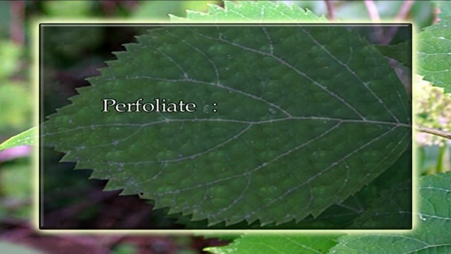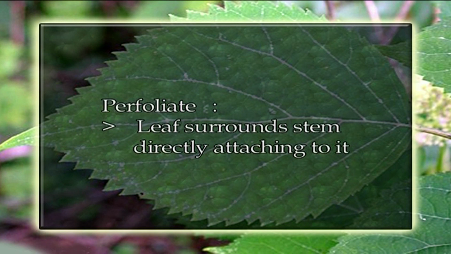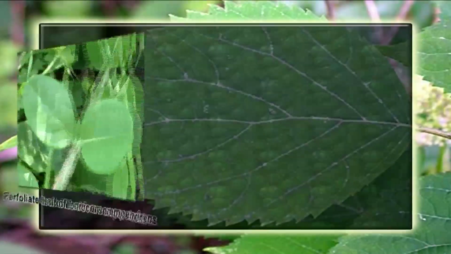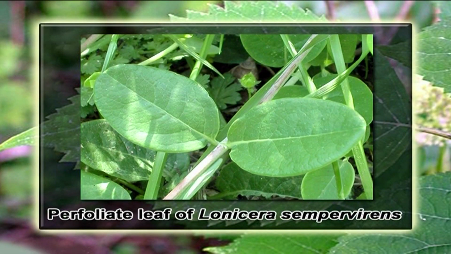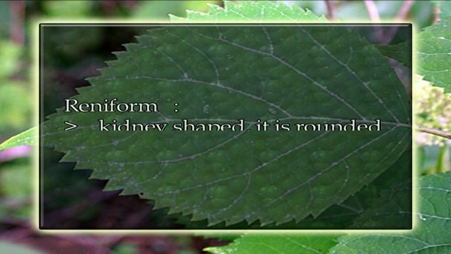Next is perfoliate, that's a leaf that surrounds the stem, directly attaching to it. The stem appears to go through the center of the leaf. There is no petiole, for example, in trumpet honeysuckle, that's Lonicera sempervirens. Reniform, this is kidney shaped.